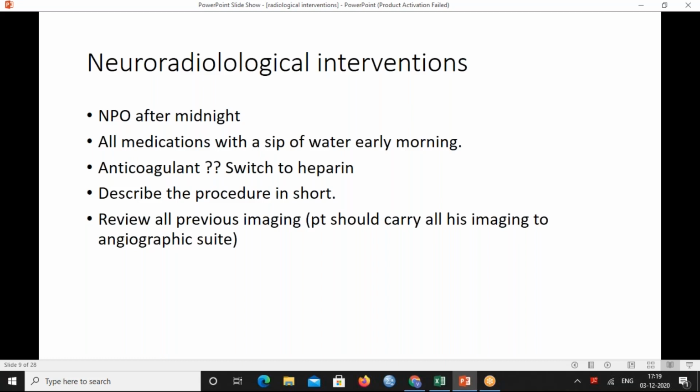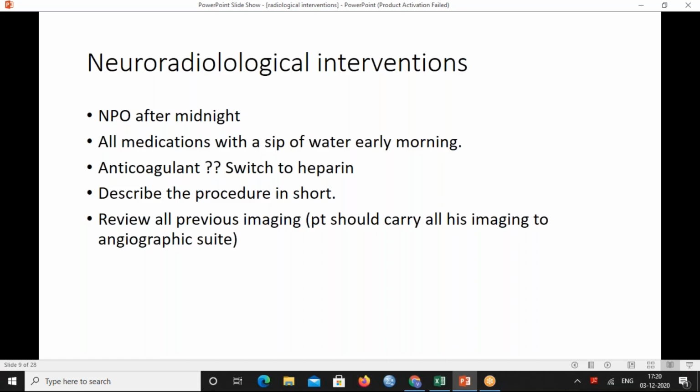And before any procedure is planned or done, it should be described in short to the patient and also to the attendant: what the procedure is planned for, the indication, the risk, the complications, the short-term complications and the long-term complications. If the patient is able to understand, it's fine.